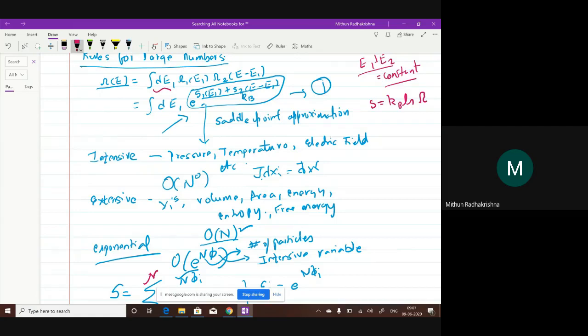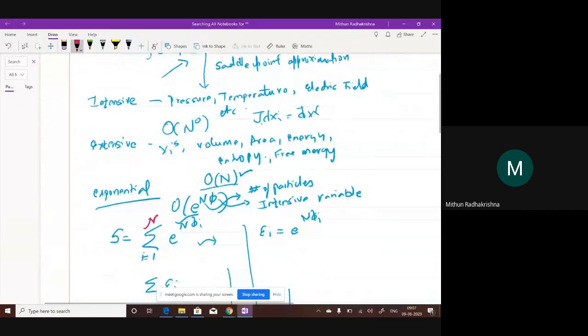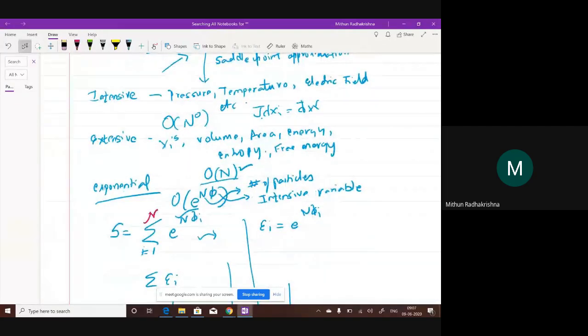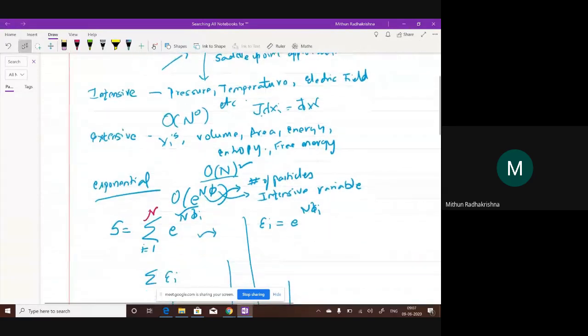And these integrals can be approximated by the maximum value of the integrand, right? So that's why we differentiated this S with respect to E1, and then we arrived at the equation. So just a brief background as to how, and some mathematical proof why that can be done.